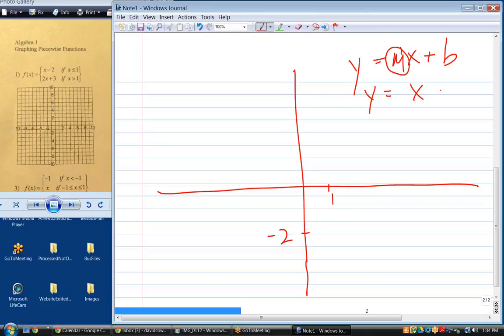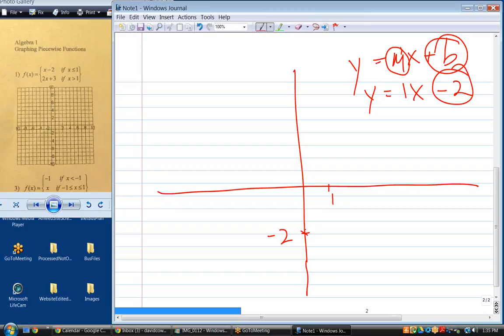Since we have x minus 2, b is minus 2, m is 1. In other words, if the coefficient is 1, they don't write it. So you have to look for that. When you don't see a coefficient, you have to know that it's 1. Okay? So that makes the slope 1.